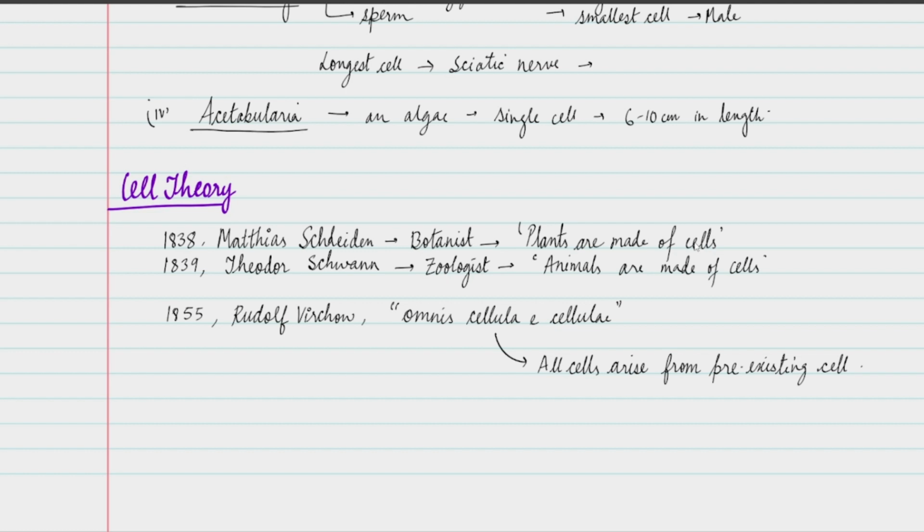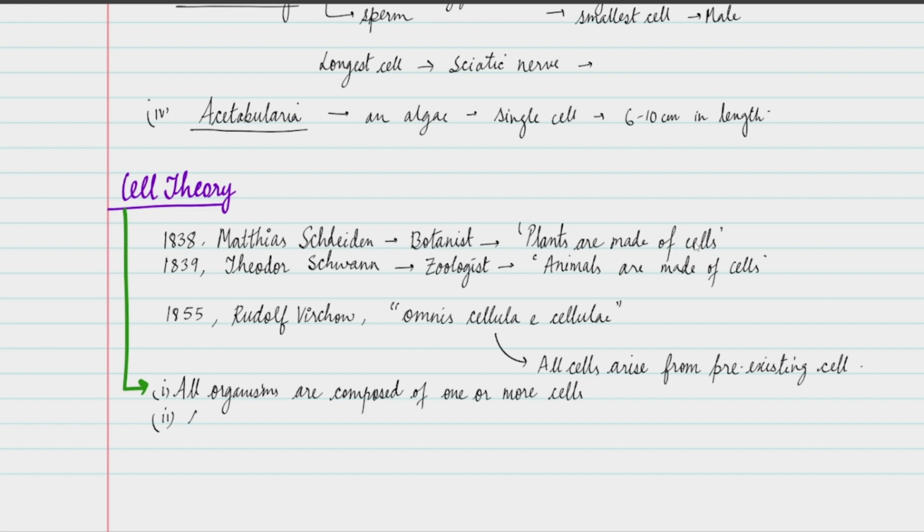So if you're simply asked what you understand by cell theory, what are its postulates, you can say that all organisms, whether plants or animals, are composed of one or more cells.